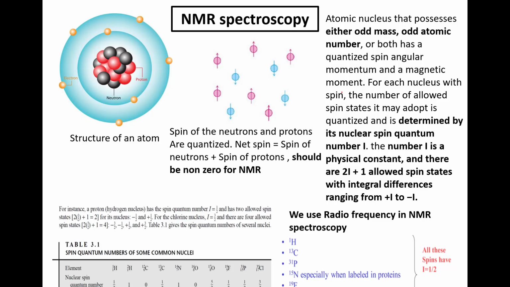Just like in X-ray crystallography, the electrons were very important to give you the electron density patterns, in NMR it is the nuclei on which NMR works.